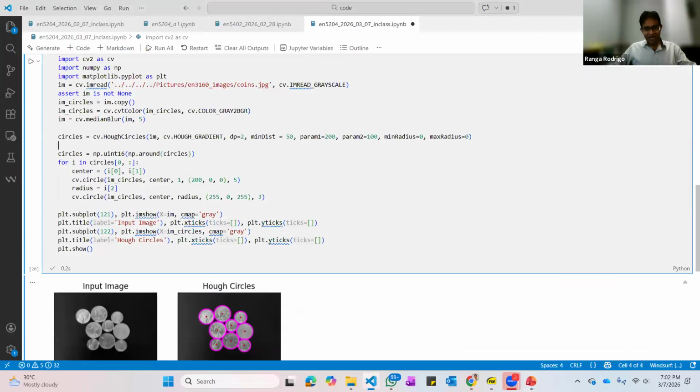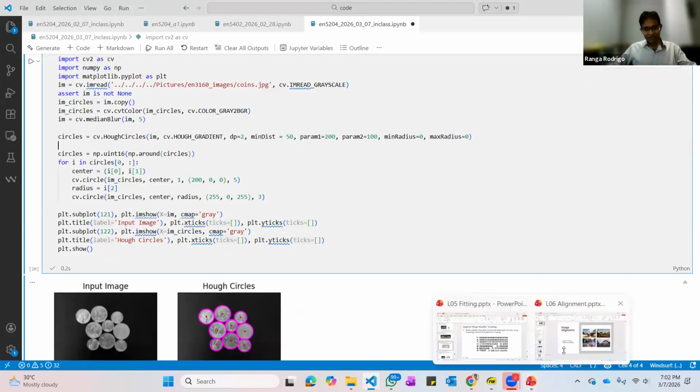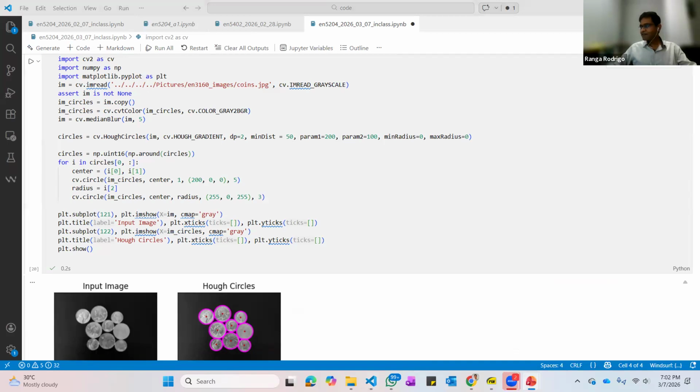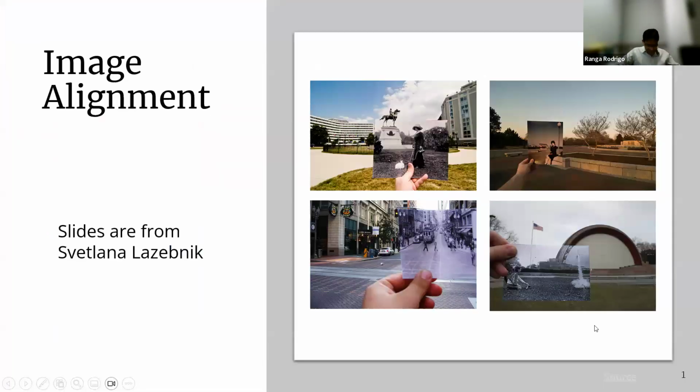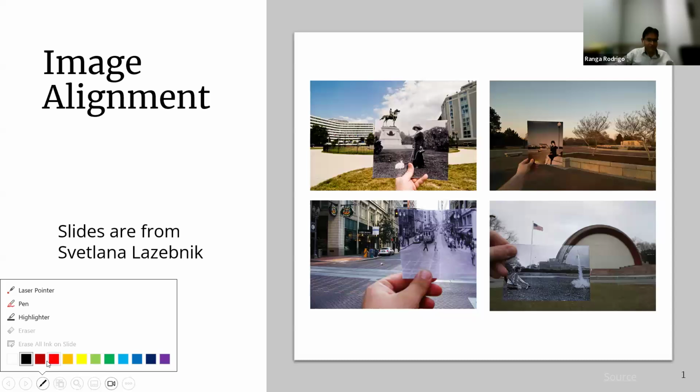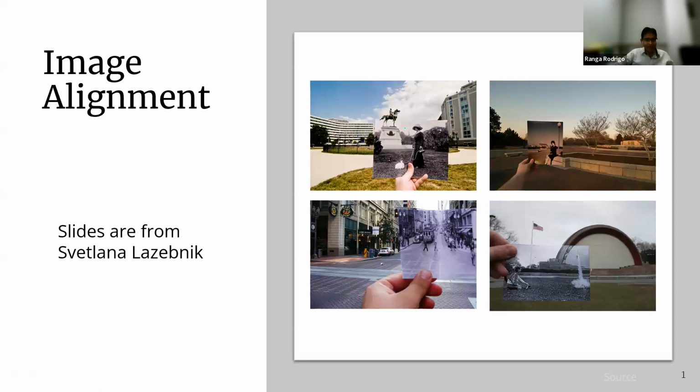Now let's look at alignment. You can see slowly we are doing slightly higher level operations. Now we want to do alignment. This is a very important lesson because different ways of transforming images are important in industrial applications.